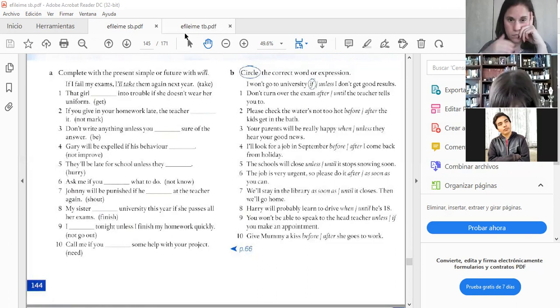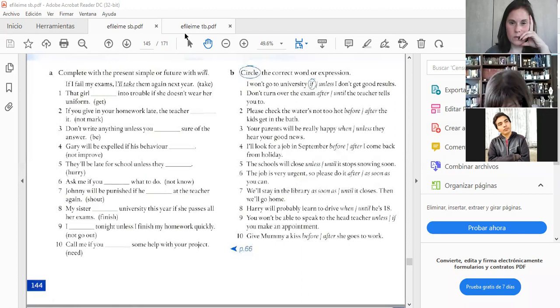And the job is very urgent, so please do it as soon as you can. As soon as you can. Okay, very good. 7. We'll stay in the library until it closes. Then we'll go home. Excellent. Very good.